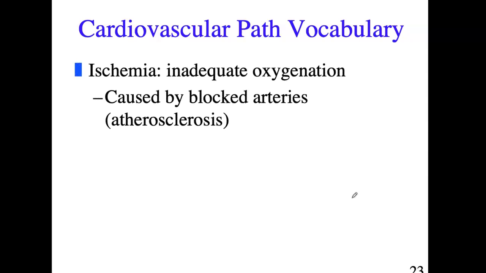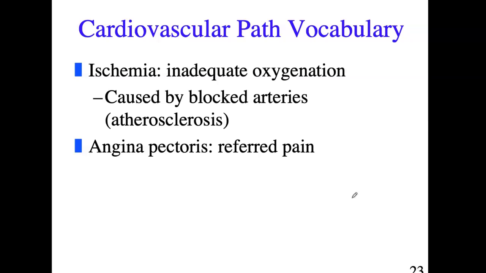We have some pathology vocabulary that I wanted to show you. I'm just calling it path vocabulary in cardiovascular, and I wanted to just list it for you. Ischemia is the inadequate oxygenation. This can be caused by blocked arteries, atherosclerosis, anything that's going to cause the inadequate arrival of oxygen is ischemia.